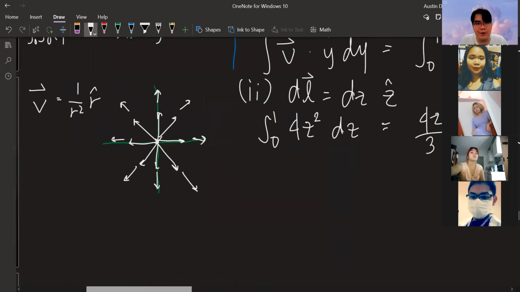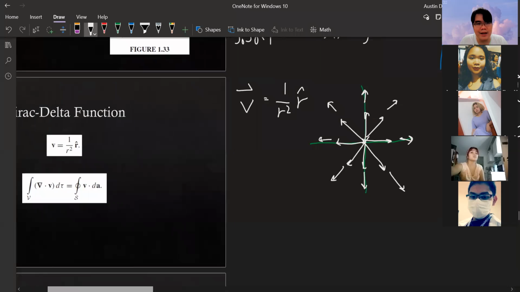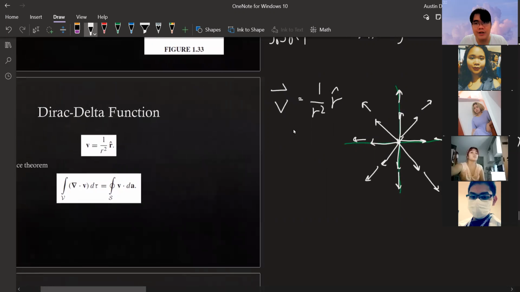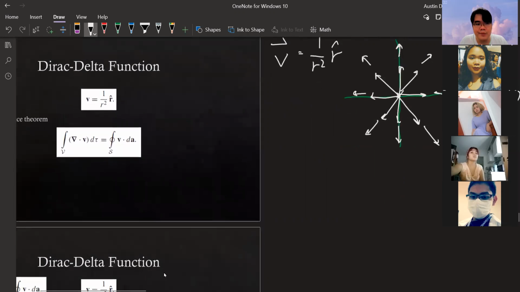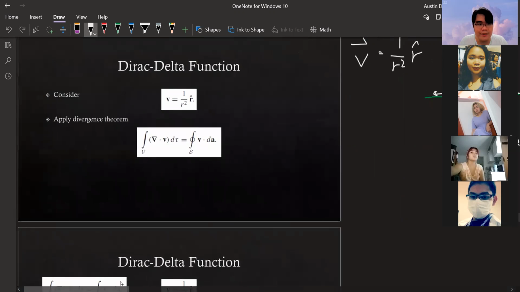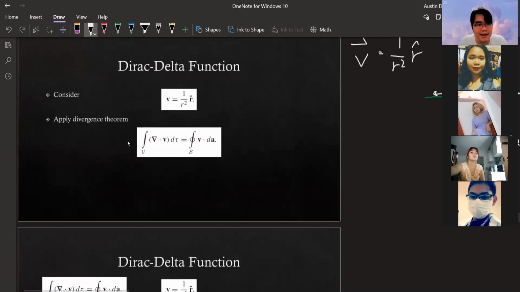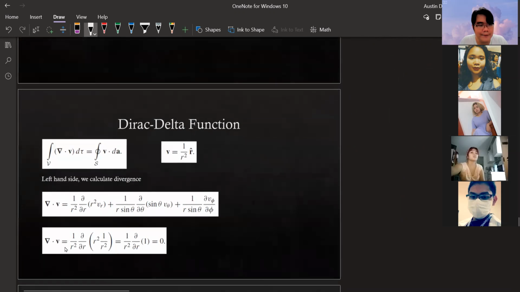Okay, so going back. So sinabi natin na intuitively, dapat may divergence yung function na ito. So let's apply divergence theorem. Siyempre, di ba? Kung may divergence, pwede natin gamitin divergence theorem. So in left-hand side, gawin natin, let's take the divergence of this function. Okay? Sa left-hand side, gawin natin yung divergence.